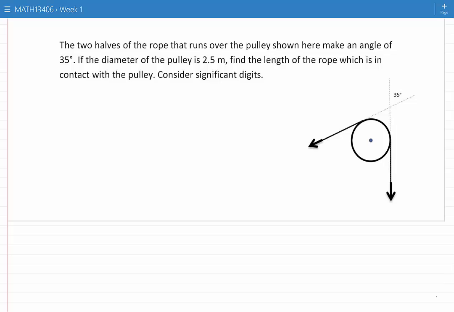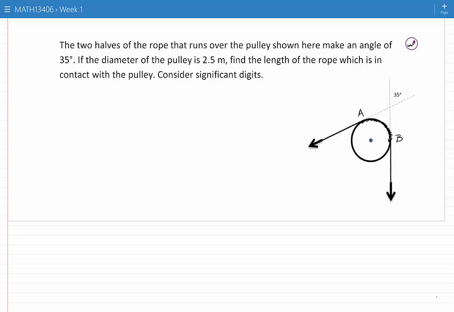We are looking for the arc length from point A to point B, and I am going to make it more clear. We are looking for this length.